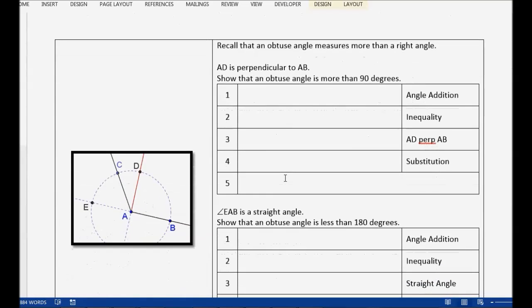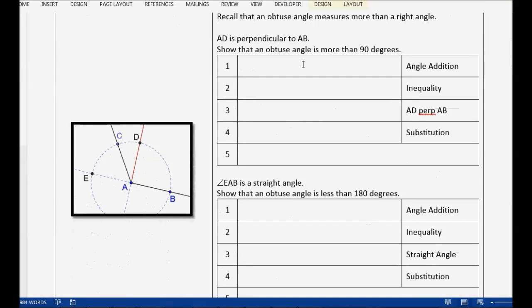And now we do the obtuse angle the same way. Go ahead and do the angle addition, but this time we are ignoring point E, just CAB and the right angle. Angle CAB is equal to angle CAD plus angle DAB. By inequality, angle CAB is greater than angle DAB.